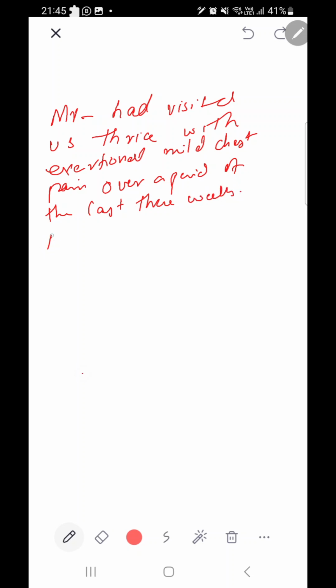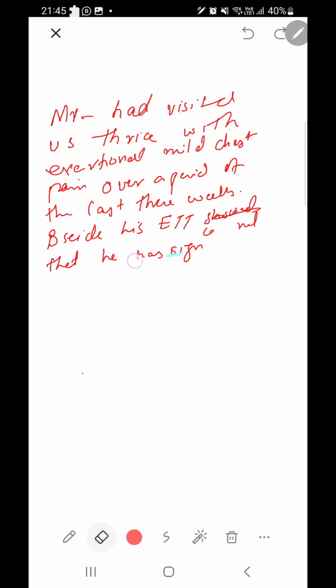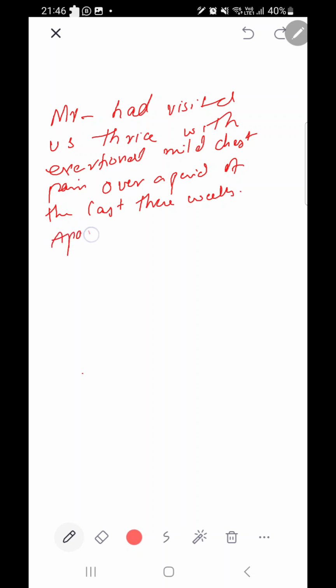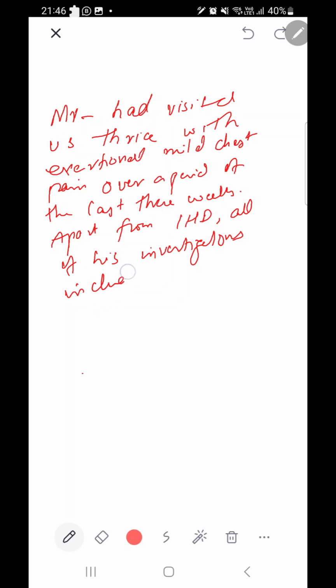Besides his ETT, we can say it showed or confirmed that he had signs of, or we can change it: apart from ischemic heart disease, all of his investigations, including ECG, were normal.